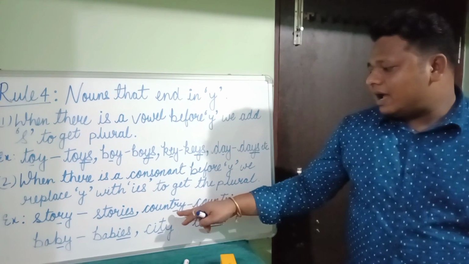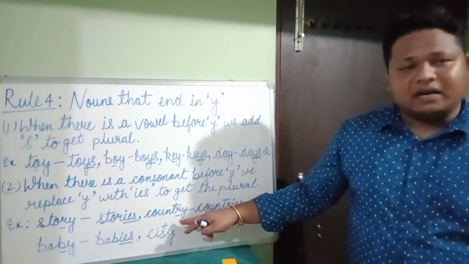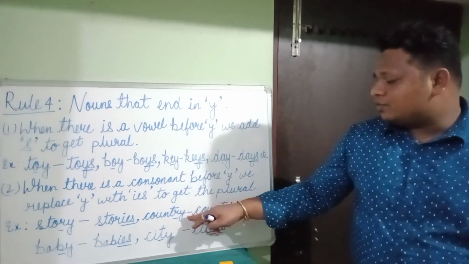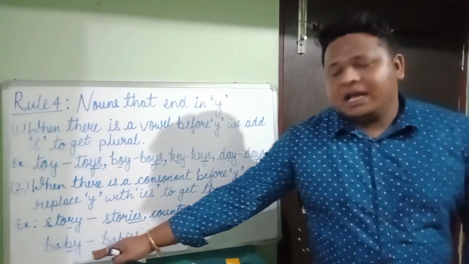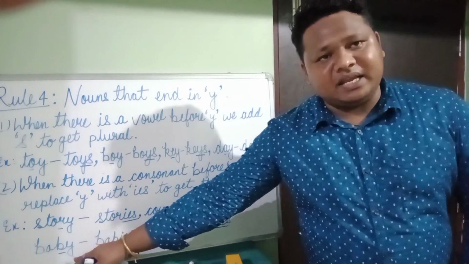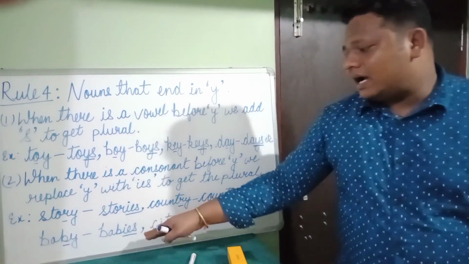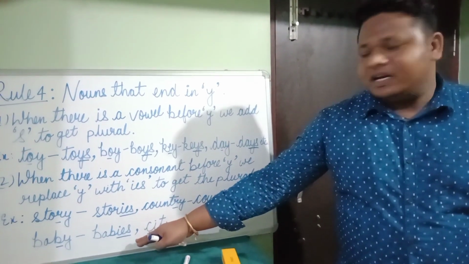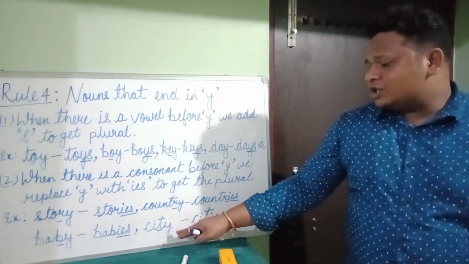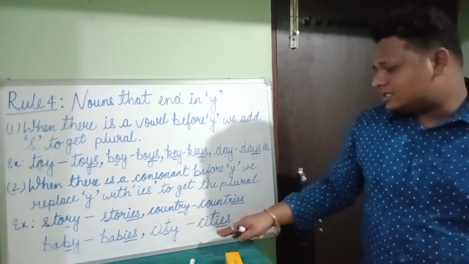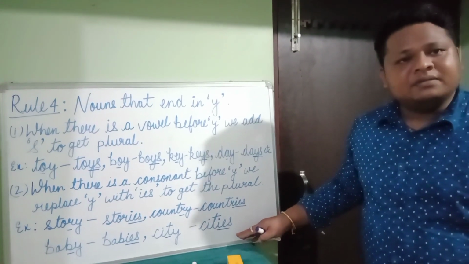Country. Here we have the consonant R before Y, so we replace Y with IES and make it countries. Baby, the consonant B, so we replace Y with IES and make it babies. City, the consonant T, so we replace Y with IES and make it cities.